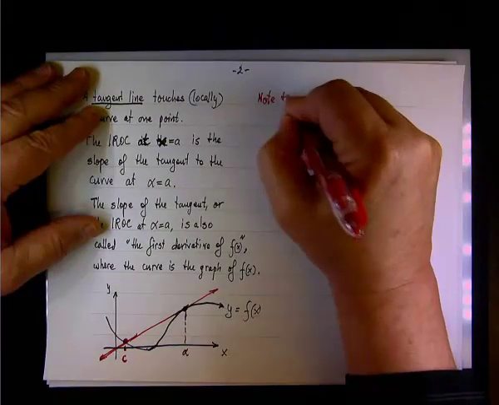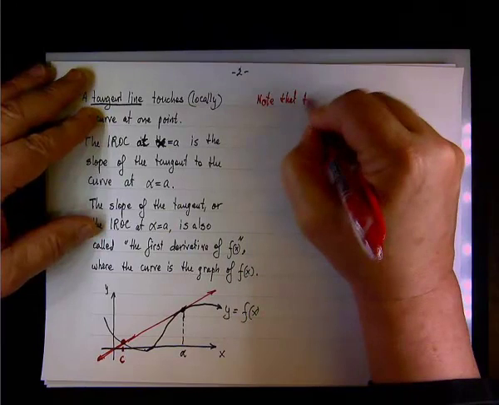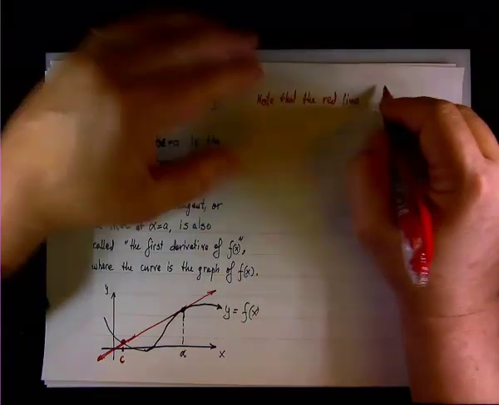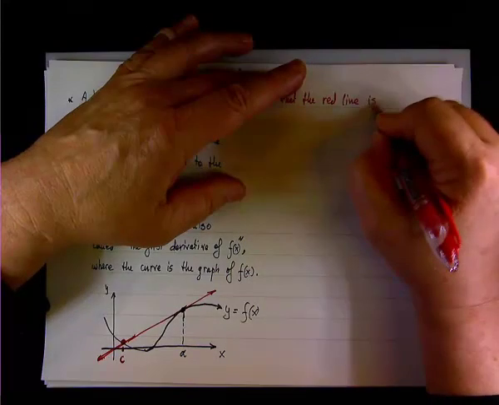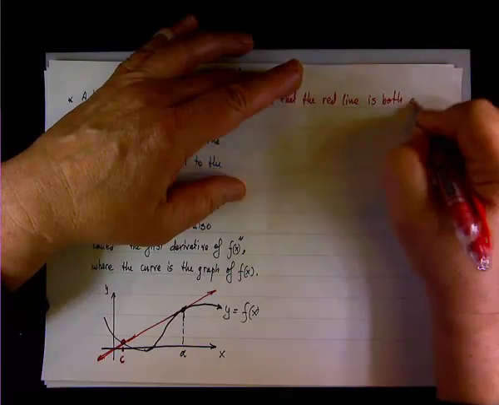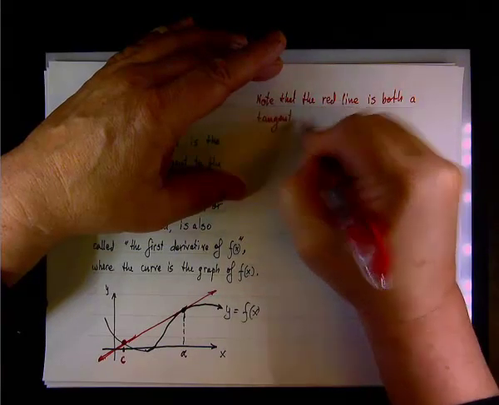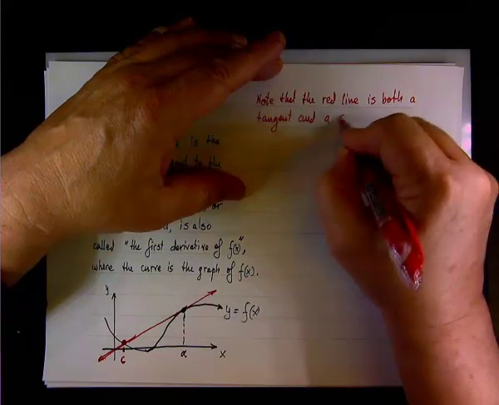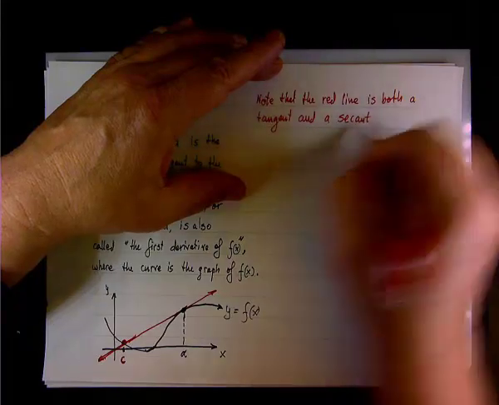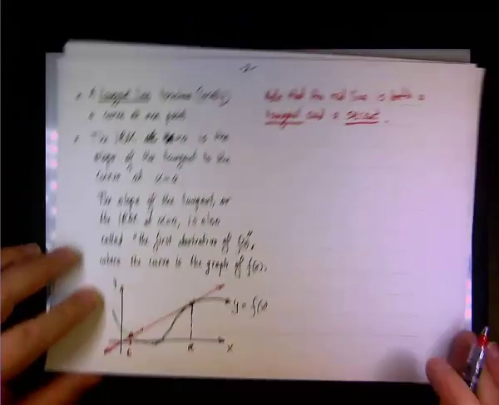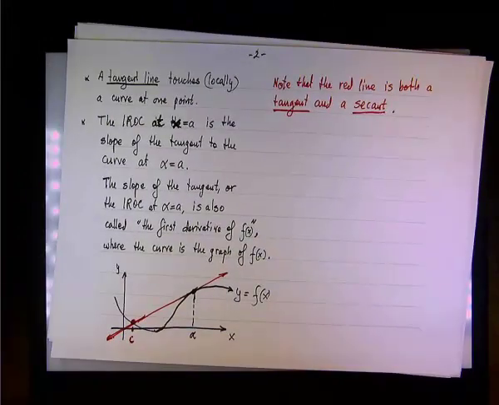Note that the red line is both a tangent and a secant. So locally it's a tangent, but on a greater interval, it becomes a secant because it may intersect the curve.